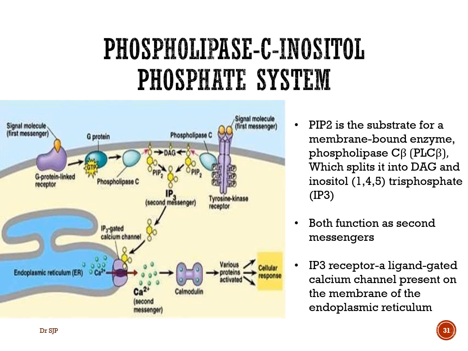Now as you can see, DAG will remain confined to the membrane, while IP3 is water soluble and can easily diffuse into the cytoplasm, where it will trigger the calcium release from the storage vesicles, and this will lead to the calcium release, and the increased concentration will promote the binding of calcium to calmodulin, right?